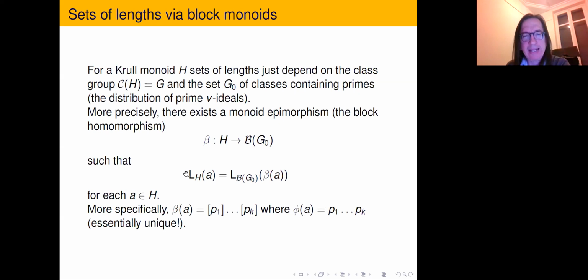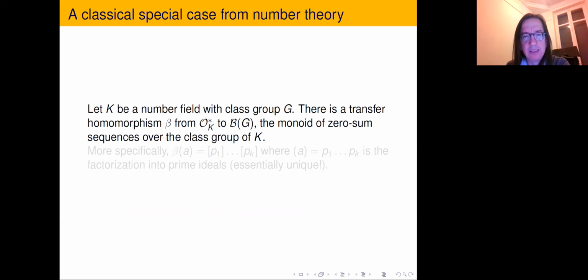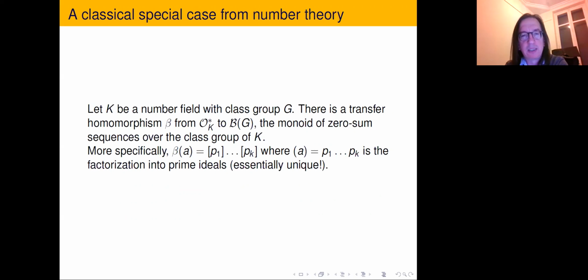So a classical example, and this is in some sense all one needs to know, just to recall briefly the general theory, would be from number theory. Take a number field K with class group G. There's a transfer homomorphism beta from the multiplicative monoid of the ring of algebraic integers to the monoid of zero-sum sequences over the class group of K. And it's given by mapping an element to the sequence of classes of prime ideals that occur in the factorization of the principal ideal generated by this element.